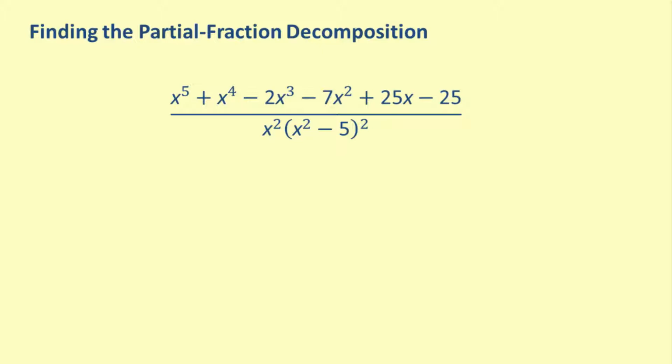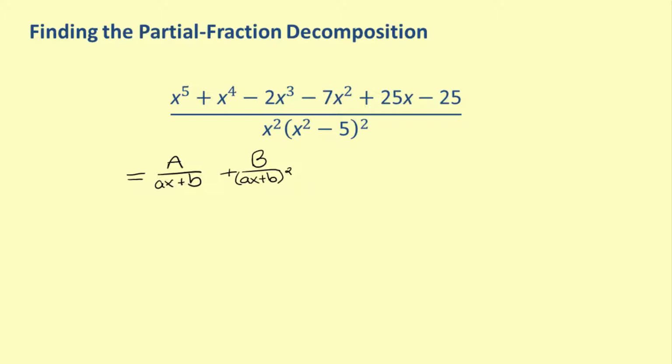Case 2 states that any linear factor repeated m times will result in the sum of m partial fractions where a and b are constants to be determined later. So we have a over ax plus b over ax plus b squared. Case 4 states that any irreducible quadratic factors repeated m times will result in the sum of m partial fractions where cx plus d and ex plus f contain constants c, d, e, and f to be determined later.